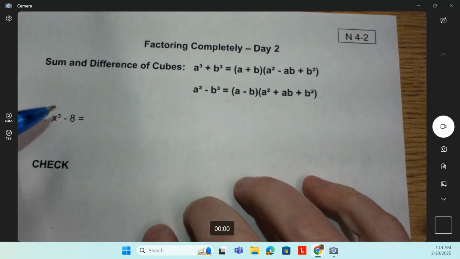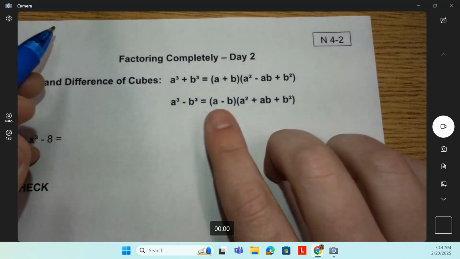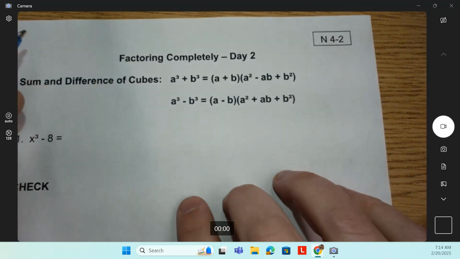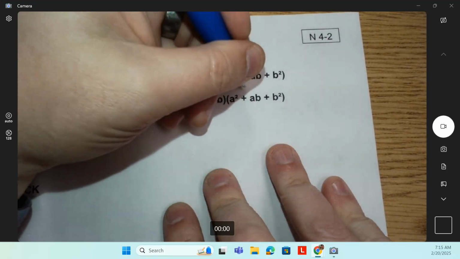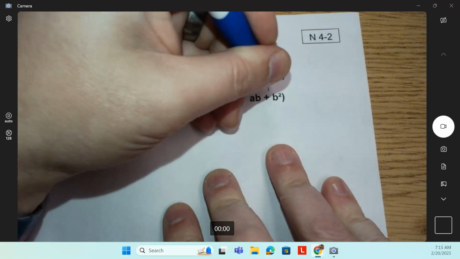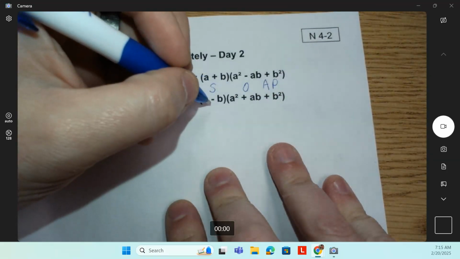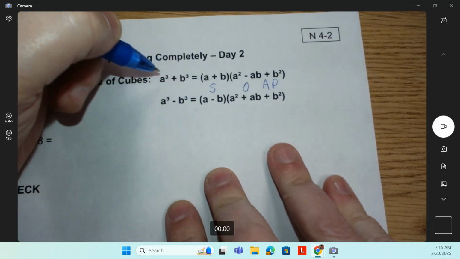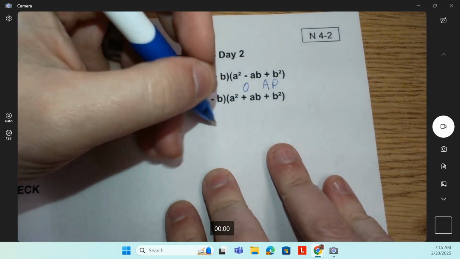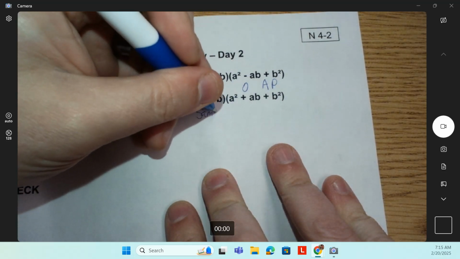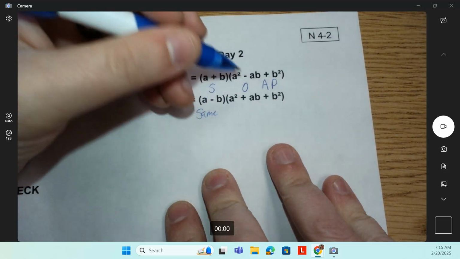So what we will use to remember at least where the signs go is the acronym SOAP. And that stands for: the first sign is going to be the same as whatever the original function is. So same. The next sign will be the opposite.